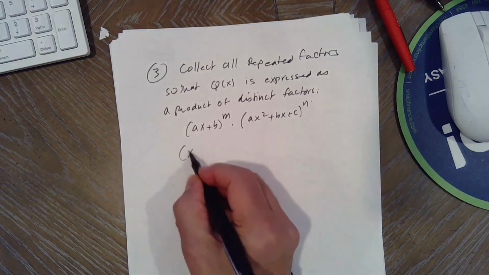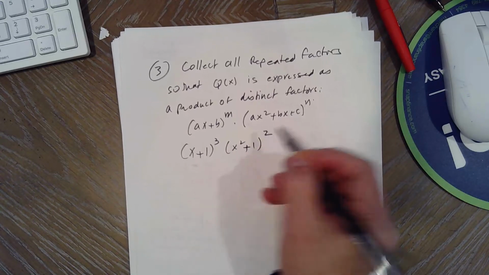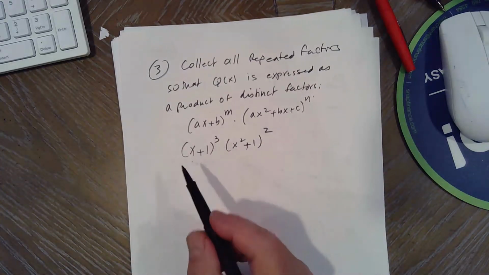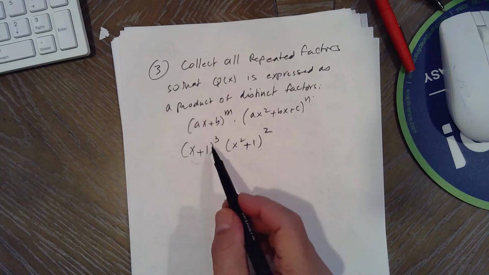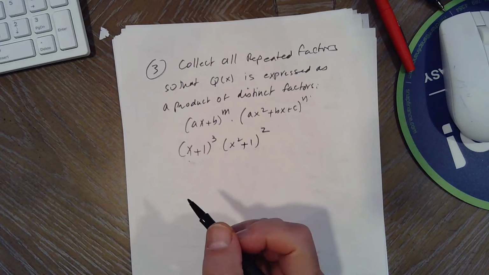For example, you would have (x plus 1) cubed and then (x squared plus 1) squared. For a linear factor, if there's x plus 1 three times, then you put it to the third power. If it's two times, you put it to the second power, and so on.